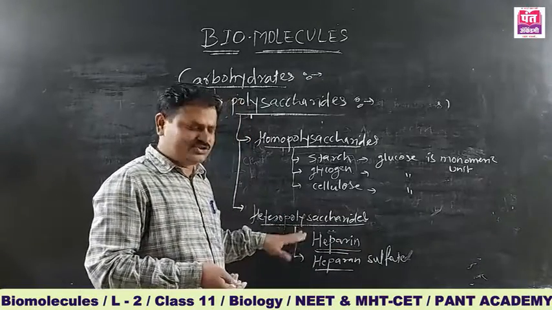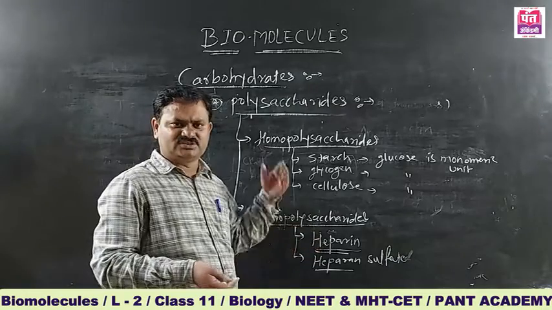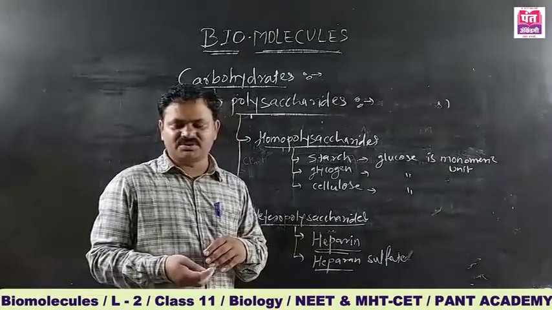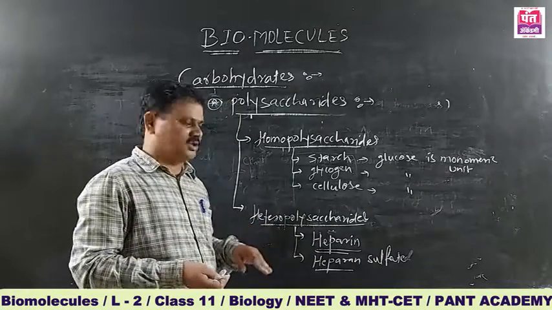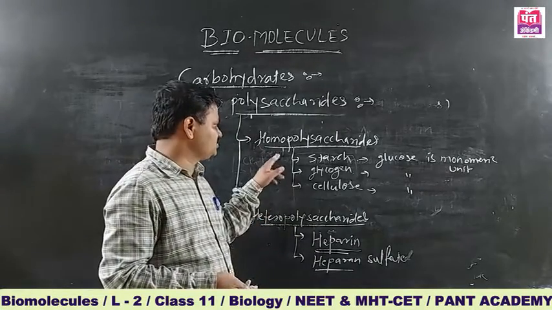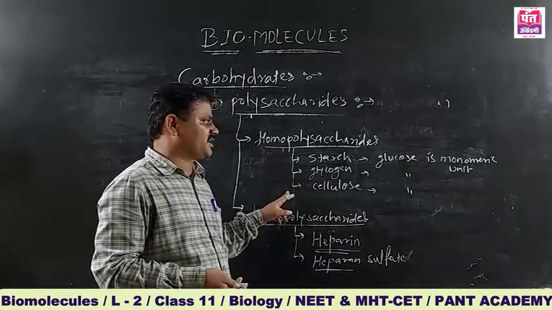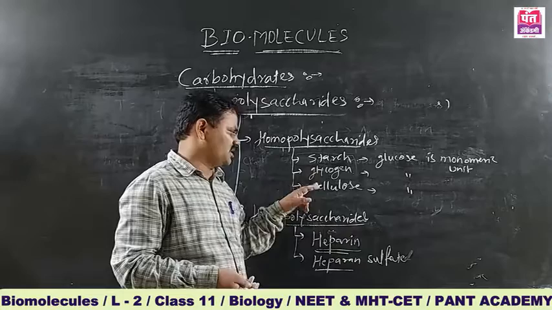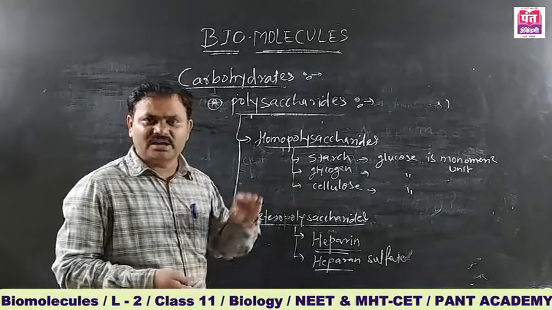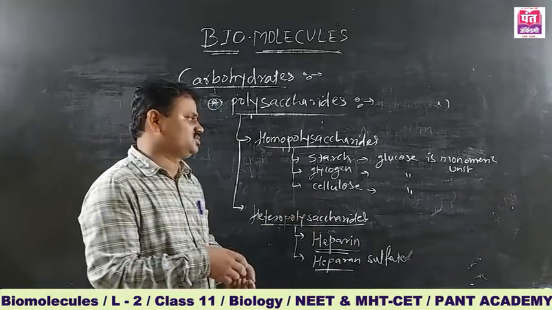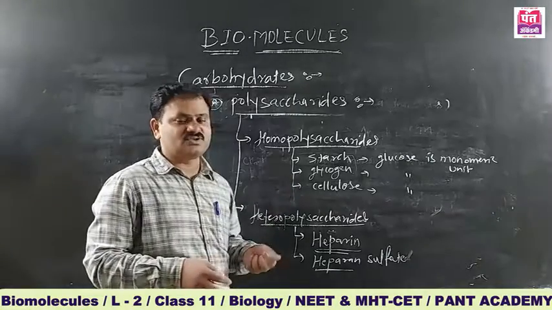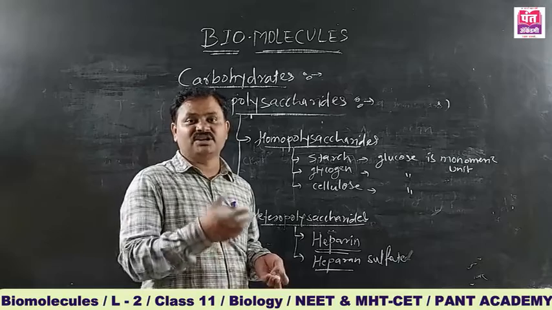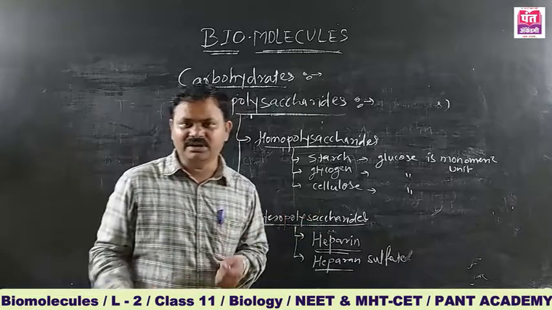Therefore it is not necessary to discuss in detail which monomeric units are present in the different heteropolysaccharides, but we will discuss the monosaccharide units present in starch, glycogen and cellulose, the homopolysaccharides, their properties, and how they have a speciality in their structure. We will discuss that first.